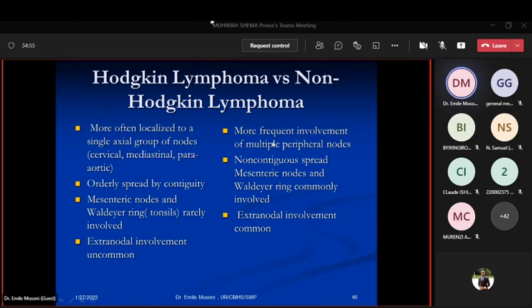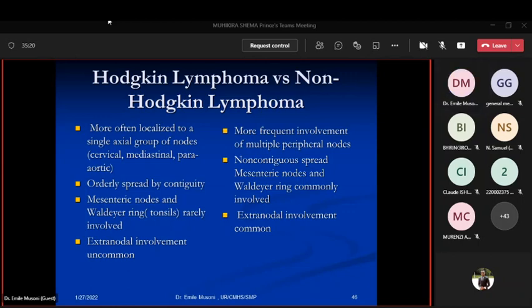Whereas in non-Hodgkin lymphoma, there is more frequent involvement of multiple peripheral nodes. For example, if you find lymph nodes in the cervical, axilla, and inguinal regions, most of the time they are non-Hodgkin lymphoma. Whereas Hodgkin lymphoma is found only in the cervical part, or only in the inguinal.